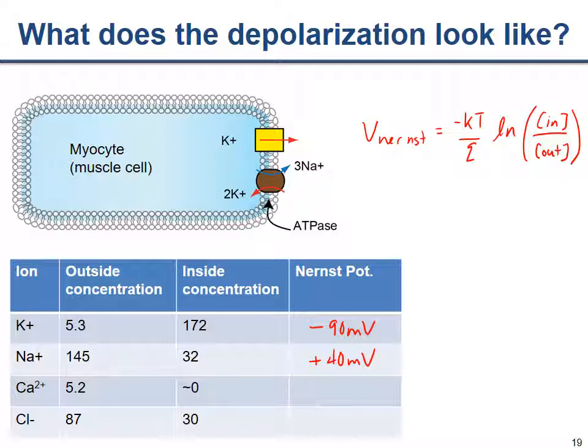For calcium, we have positive 205 millivolts, and you have to be careful here because we actually have two charges for calcium. It's a 2+ ion, and so we have to take that into account when we explore that relation. And chloride is minus 28 millivolts. Again, careful of the sign here. It's a negative ion, not a positive ion.